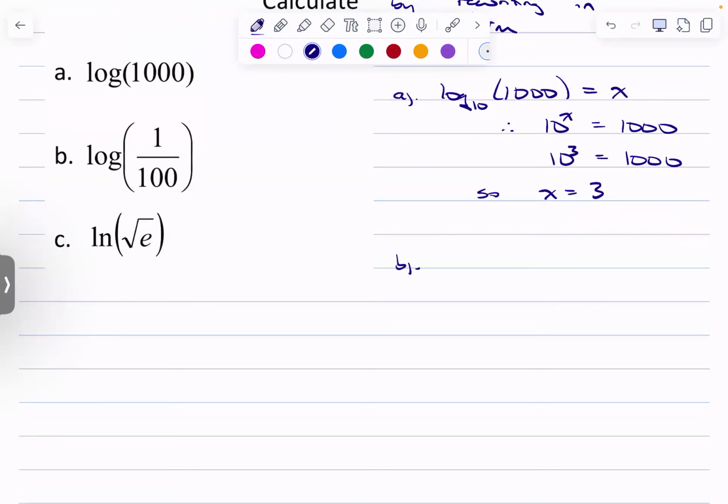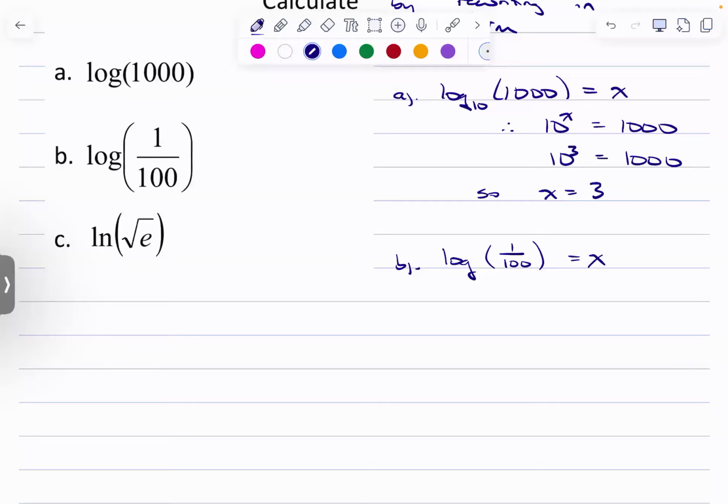What if you have b, which is log base 10? It's not written, so that implies log base 10 of 1 over 100. I want to find what that is, so I'll set it equal to x.